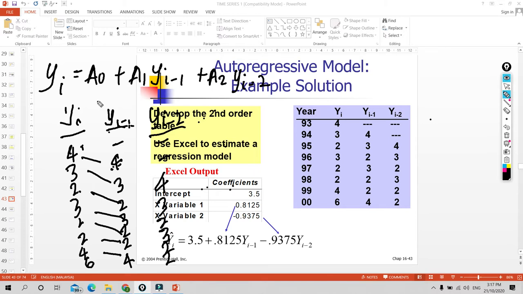So this is our dependent variable. For regression, this is a dependent variable, and these two are independent variables.